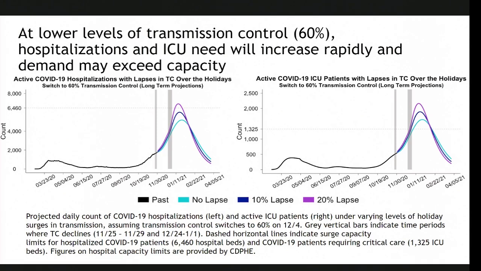But it could be that if there is a general lack of adherence to the transmission control measures we all need to take, if we went back to 60% and had further lapses, I think you can see that now these curves rise steeply, and looking to the right, are projected to exceed the ICU capacity, the dashed line of 1325, substantially.